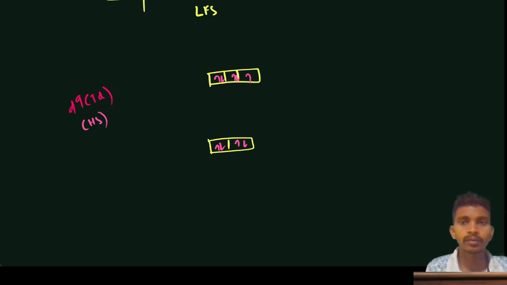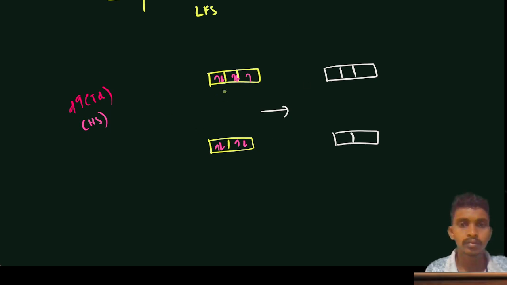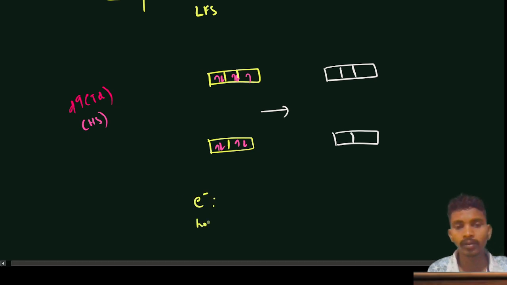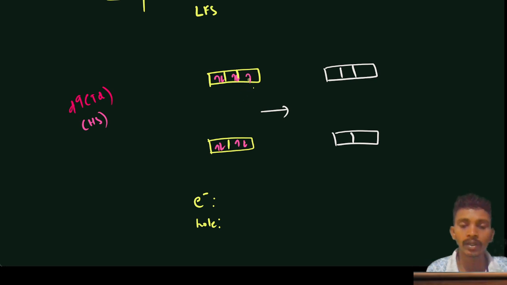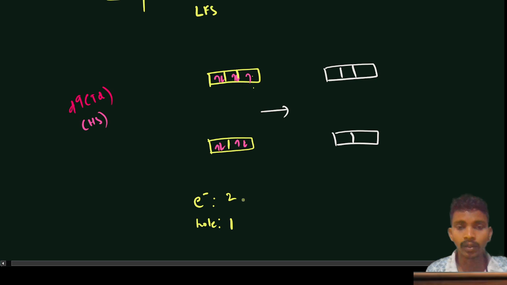I will do one electron transition here. Here I will talk about electrons and I will talk about holes. Here two electrons are possible, but only one hole is possible. So hole is 1, electrons are 2. I will not talk about electrons, I will talk about the hole.